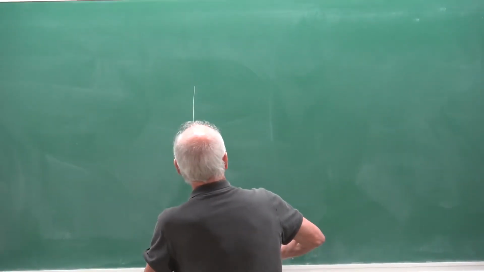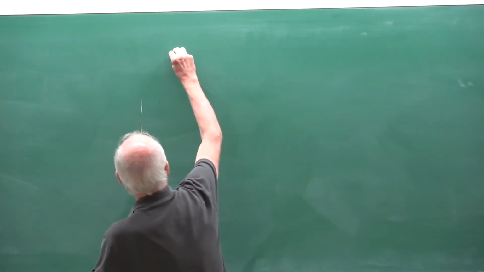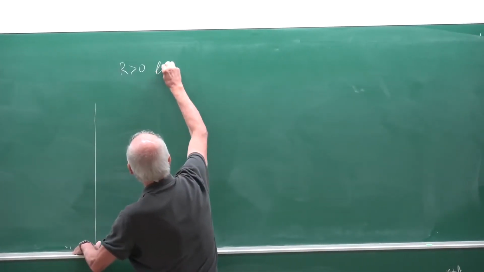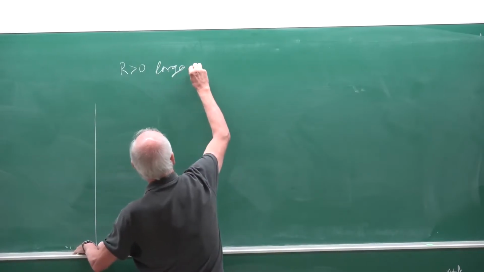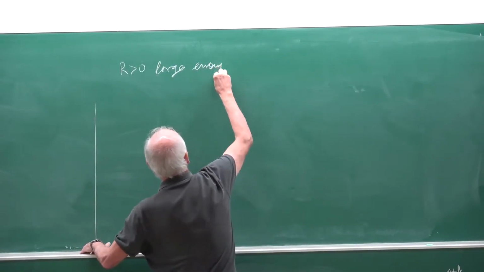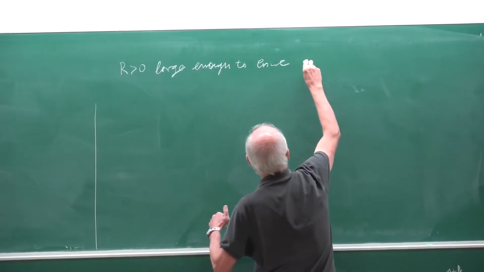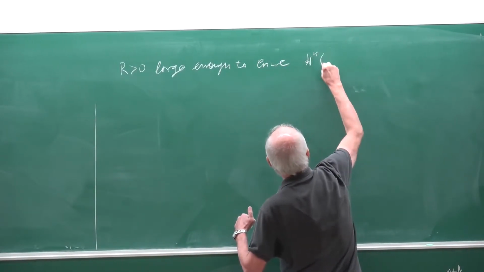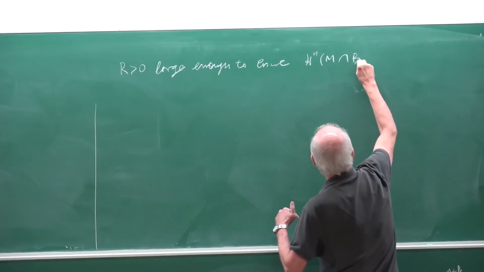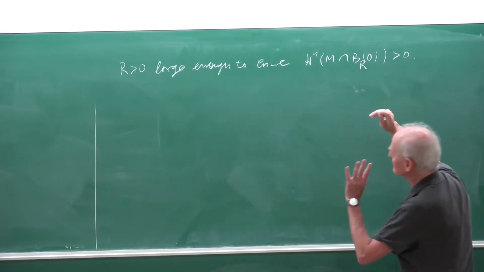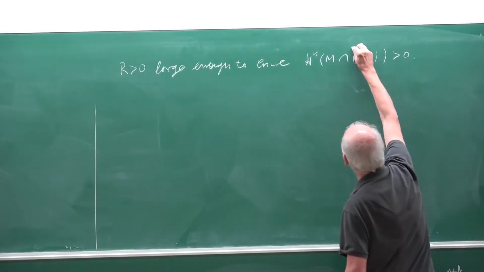I've got to make sure everything's finite, so take any r bigger than 0 large enough to ensure that H^n of M intersect B_rho(0) is positive, just for technical reasons, with the open ball.